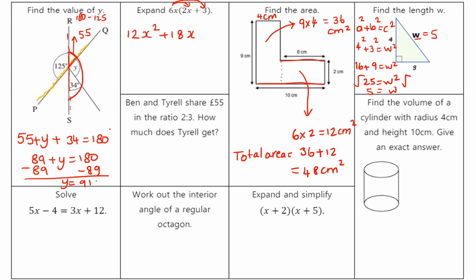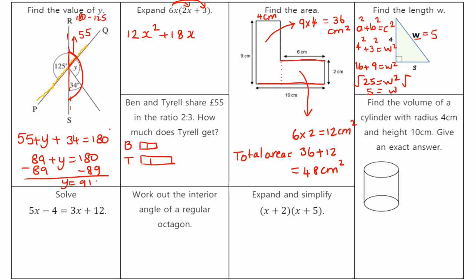Now, Ben and Tyrell share £55 in the ratio of 2 to 3. How much does Tyrell get? So Ben gets 2 shares and Tyrell will get 3.